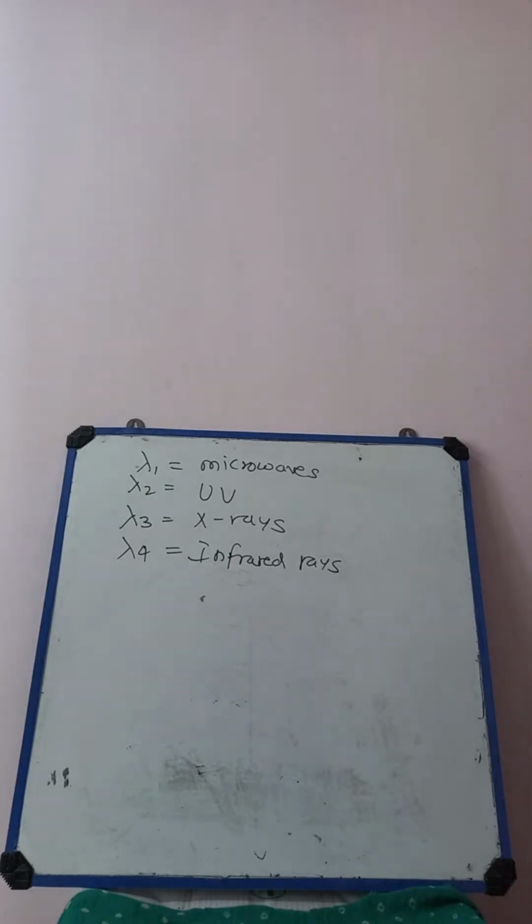First part done. Now second, identify the name of each part of the spectrum. Then they are saying arrange the wavelengths in ascending order.